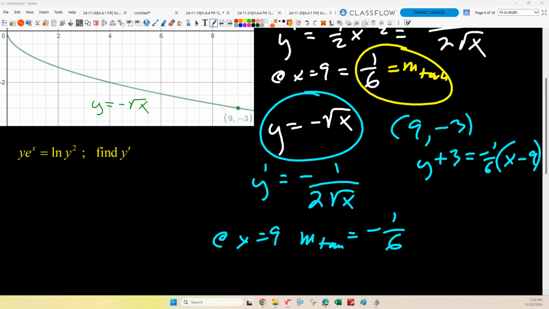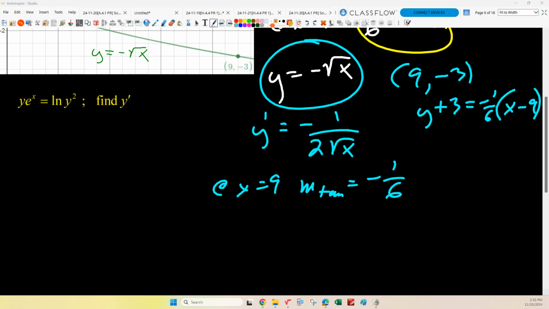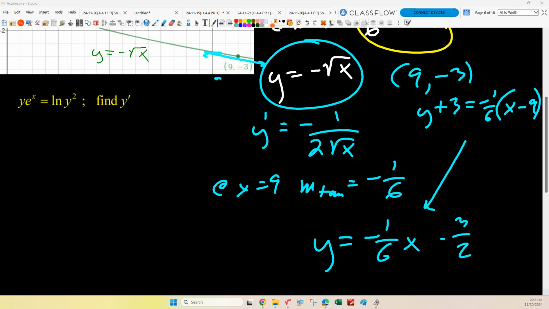So if I solve this, y equals negative 1/6 x plus 3/2 minus 3. And I get this line right there. Okay? Agreed? It's a lot of work.